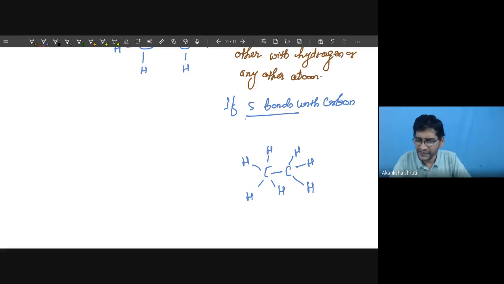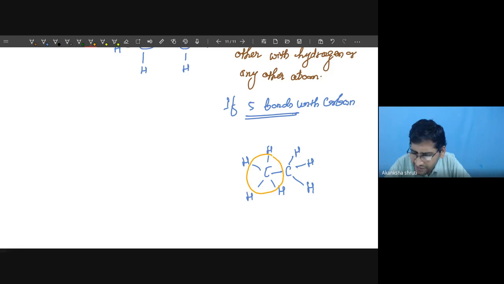If we have taken 5 bonds, then what are we observing? Students, observe this. For the first carbon, how many electrons do we have in shared form?